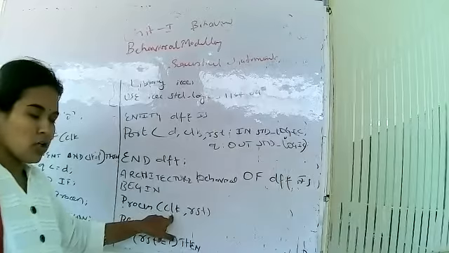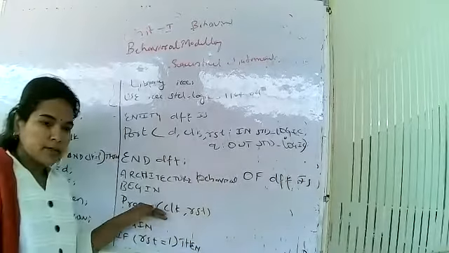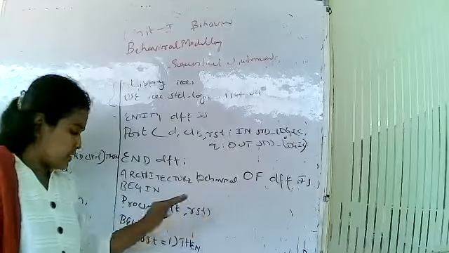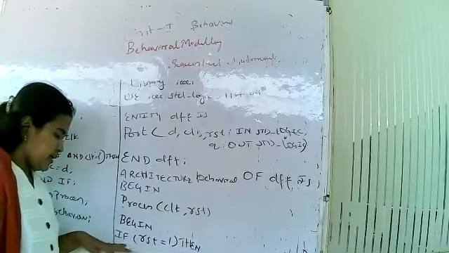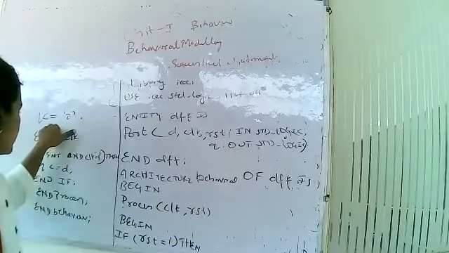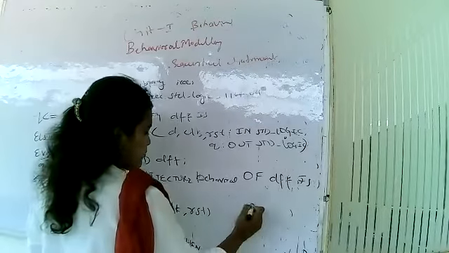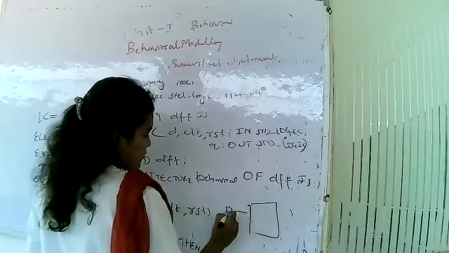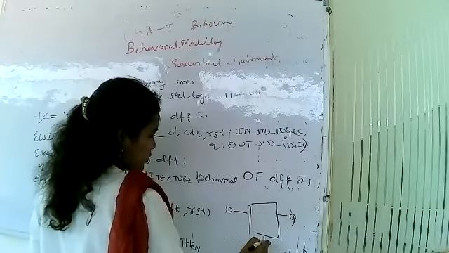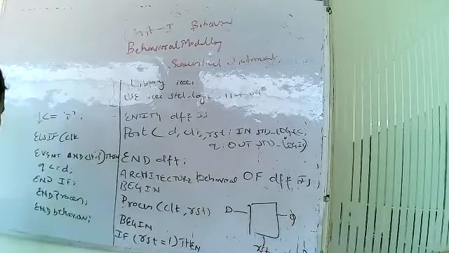In the process you have clock and reset in the sensitivity list. Begin. If reset is 1, then Q <= 0. Means what? It is D, it is Q, it is RST, means what?